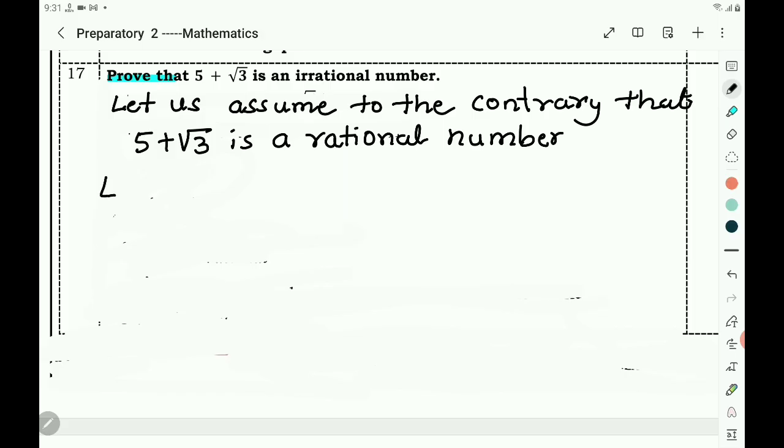Now you take, let 5 plus root 3 equals a by b or p by q.